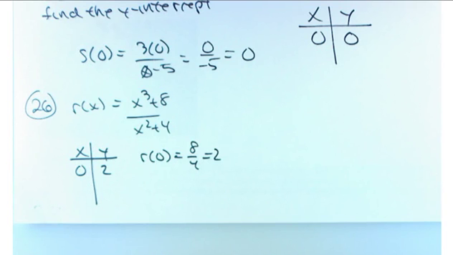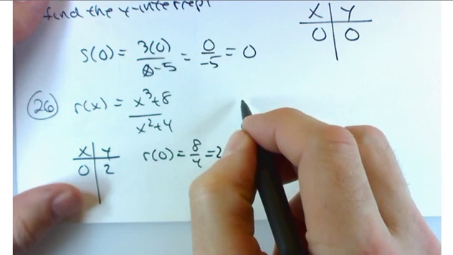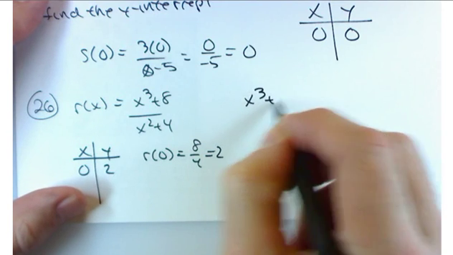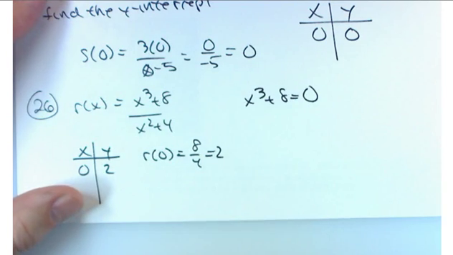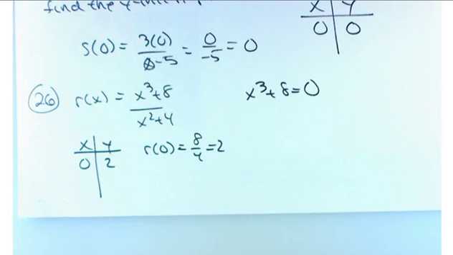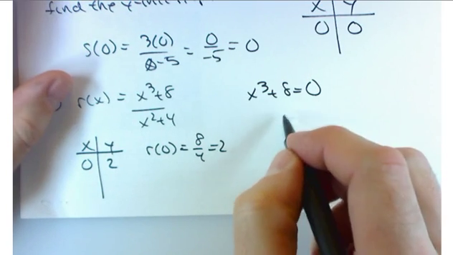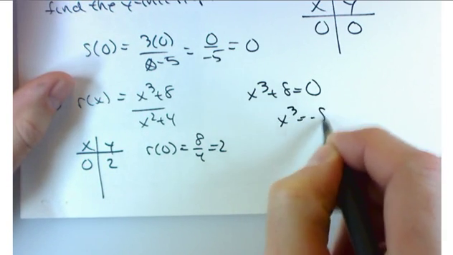Now comes the tough part. I want to find the x-intercepts, so I'm going to set the numerator equal to 0. So it's x cubed plus 8 equals 0. I'm not worried about the complex roots here. I could find the complex roots by factoring, but all I'm interested in is the real root.